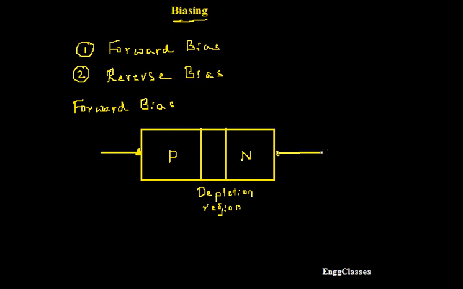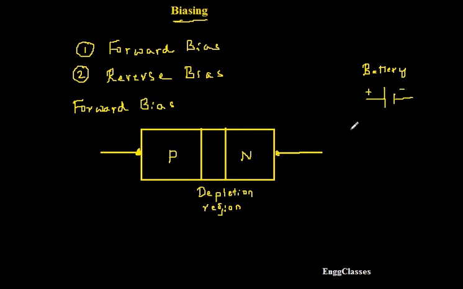Now the next question is, I said I need to bias it, so I got a battery now, and a battery has two terminals. One is a positive terminal and another is a negative terminal. The bigger lead I would call the positive lead, and the smaller lead I would call the negative lead.